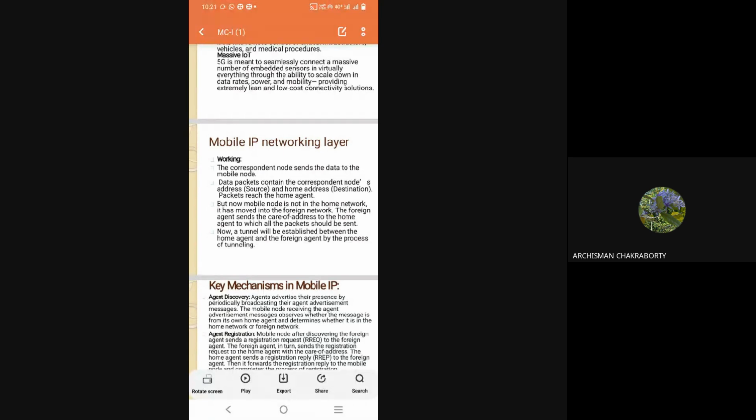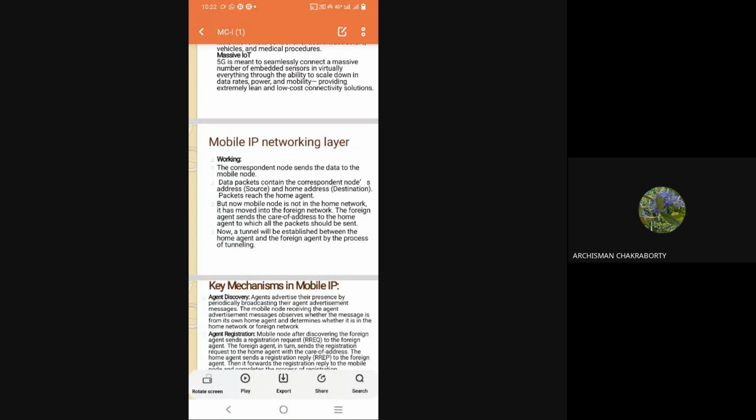We know that mobile IP enables a node to continue its communication while traveling in high speed vehicles.